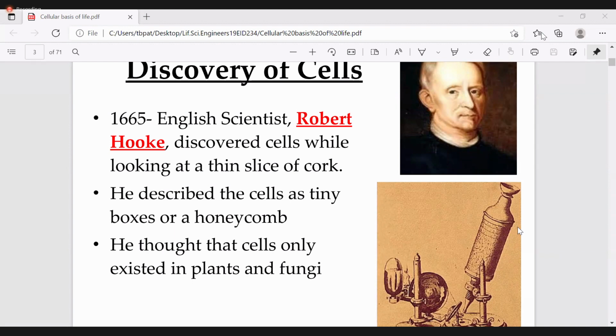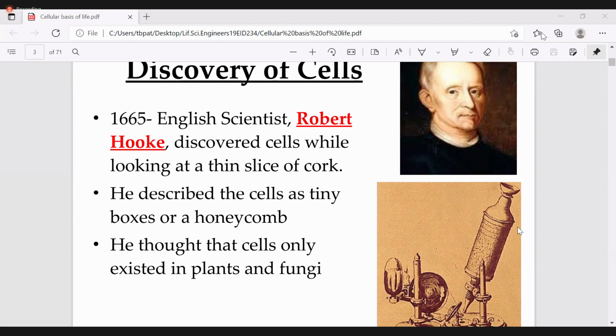Just think about the microscope lab: in a plant cell we identified rectangular boxes in the chlorophyll, or else somewhere like a honey chamber.